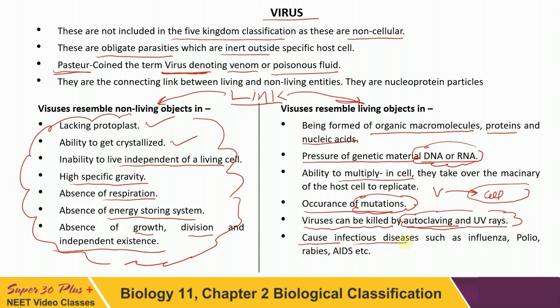Some of the infectious diseases you are familiar with: influenza, polio, rabies, and AIDS. Therefore, on the basis of these specific points, we can say that virus is a link between living and non-living, or it exists at the boundary of livings and non-livings.